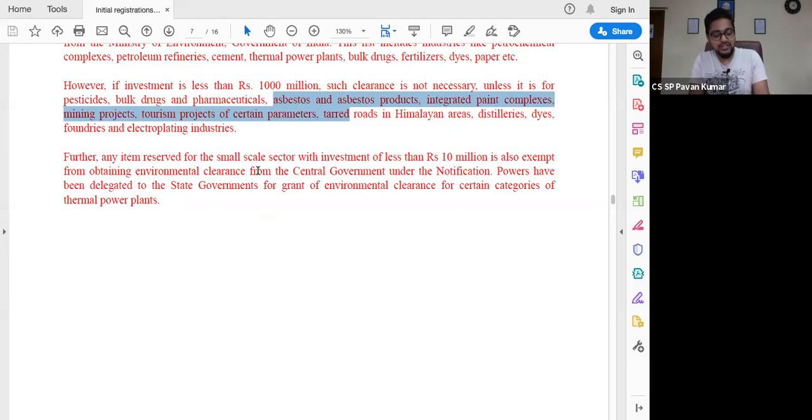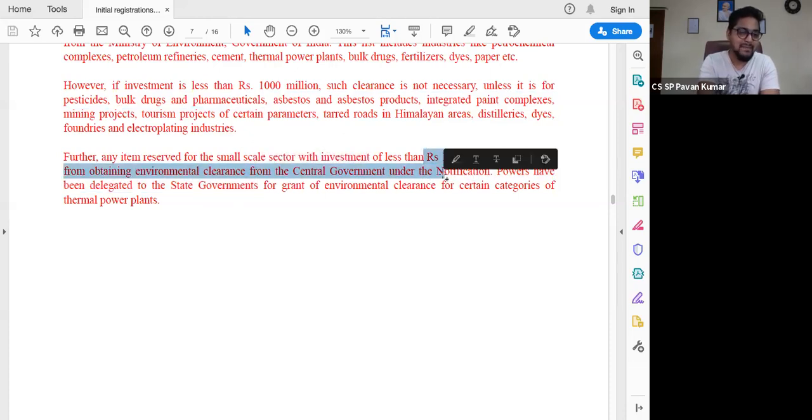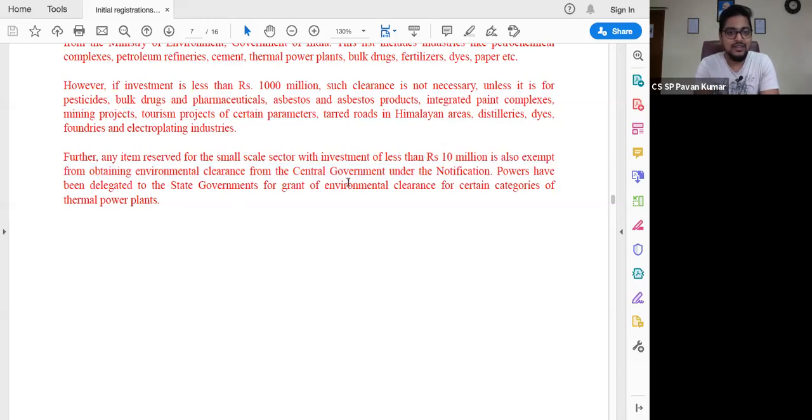So in order to protect small industrialists, they're saying big players should not deal with products that an SSI unit normally makes. If you're still doing so, you'll have to get our approval. Further, any item reserved for SSI with investment less than 10 million is also exempt from obtaining environment clearance. So if your investment size is less than 10 million, you need not get it.